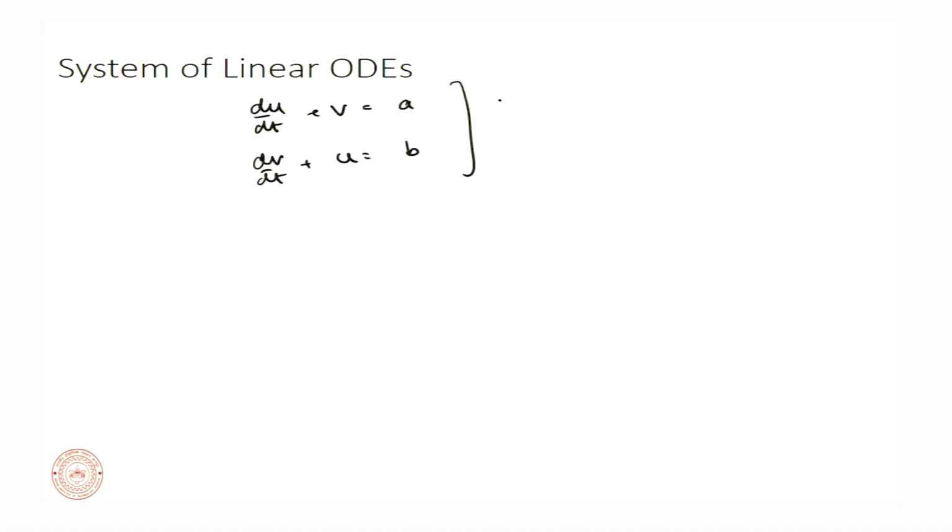We need two initial conditions, u of 0 equals c, v of 0 equals d. Okay, so this set of equations is called a system of linear ordinary differential equations. These are used in mass conservation or energy conservation.